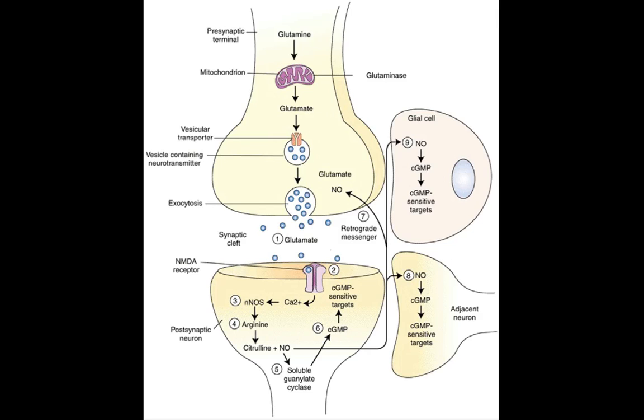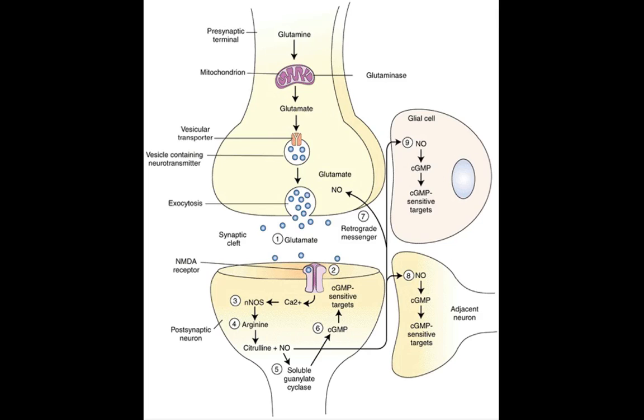Now with that influx of calcium ions into the postsynaptic neuron, these calcium ions bind to a calcium binding protein that we call calmodulin.